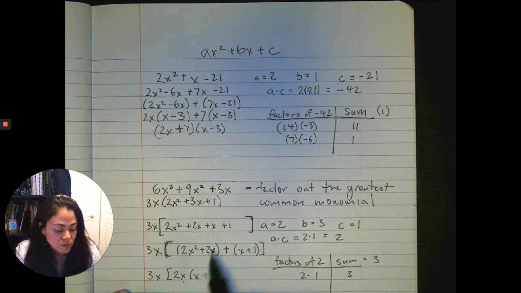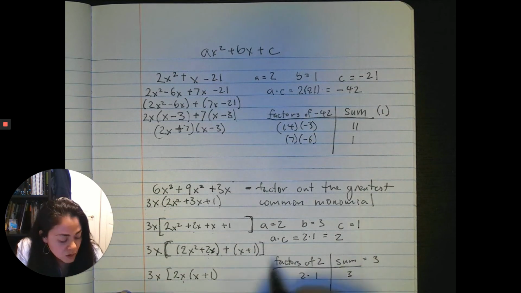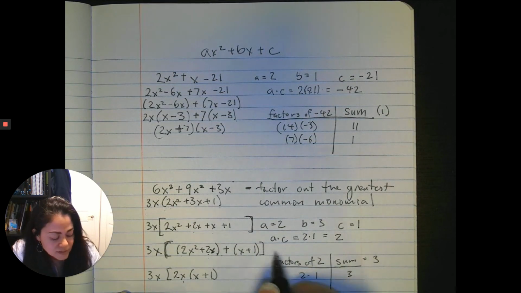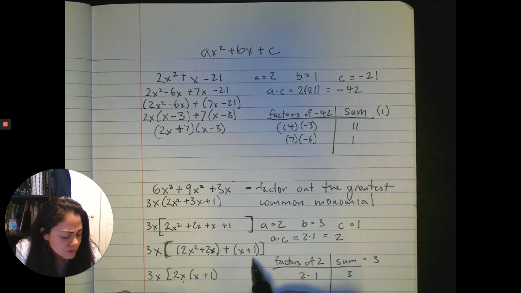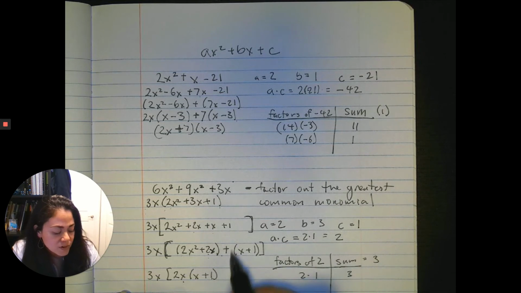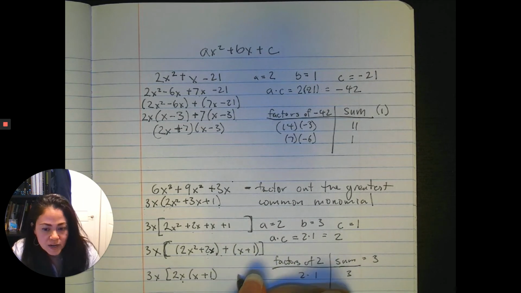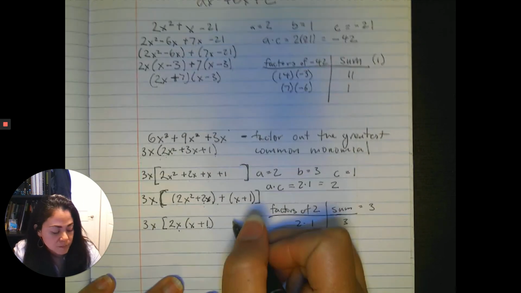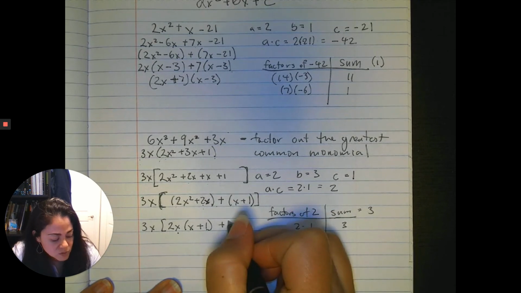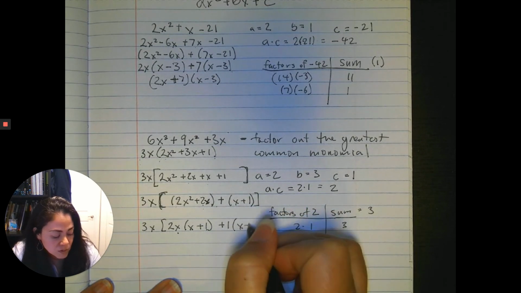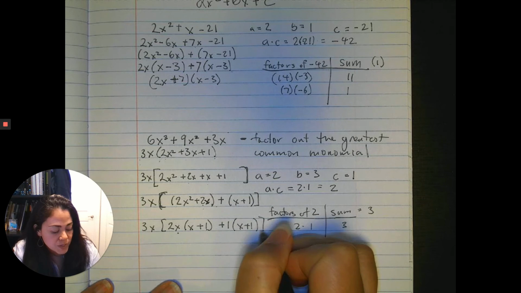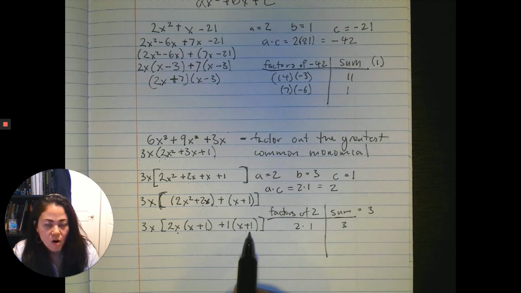And 2x divided by 2x leaves me with 1. So then this one, I can't really factor anything out, right? But there is an invisible coefficient of 1 here, or you could think about factoring out a 1. I'm going to make it visible to make it easier to do my next step. So I'm going to write this as plus 1 times x plus 1, because these two binomials are the same.